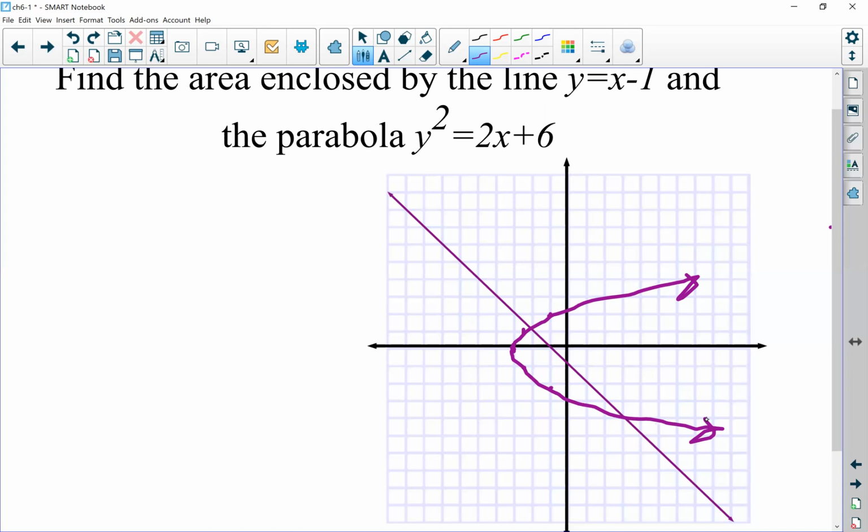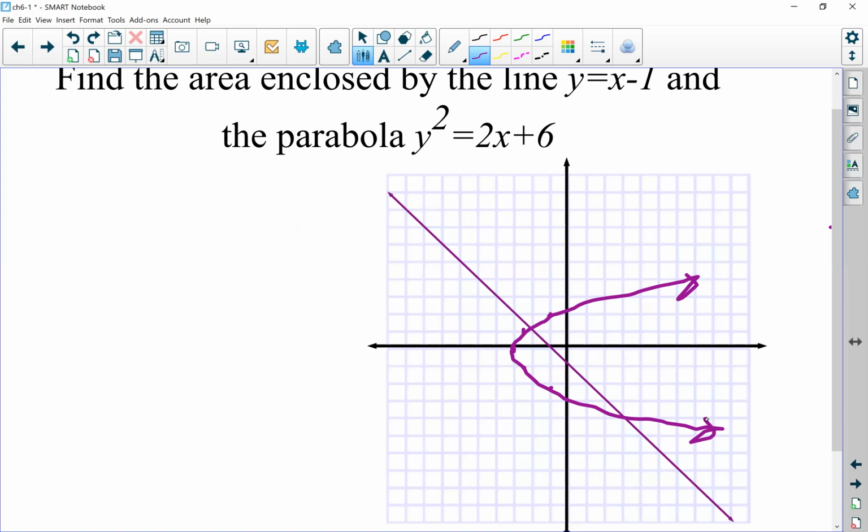So in this case, our parabola for part of the graph is below the line, but for this part here, the parabola is above the line and the line isn't kind of affecting the area.